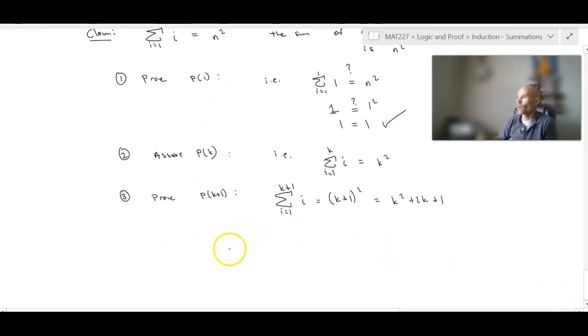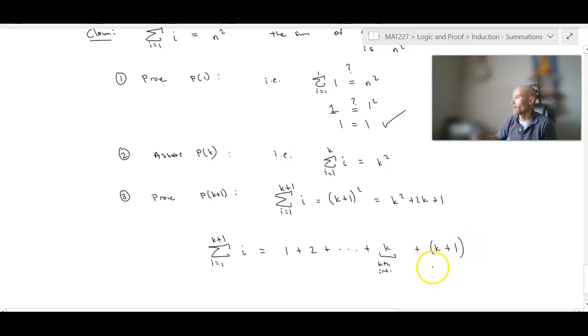So what are we going to do? Well, we are going to start off by formulating that sum. And we're going to write that as, well, the first integer plus the second integer plus all the way up to that kth integer plus one more, plus k plus 1.